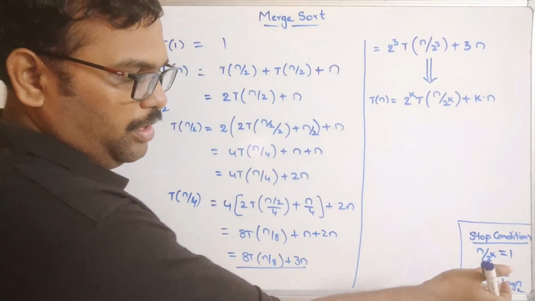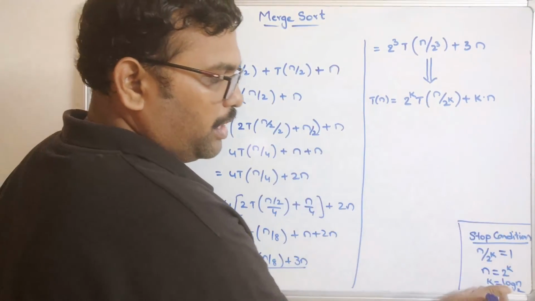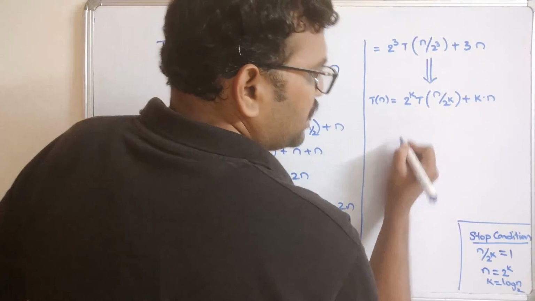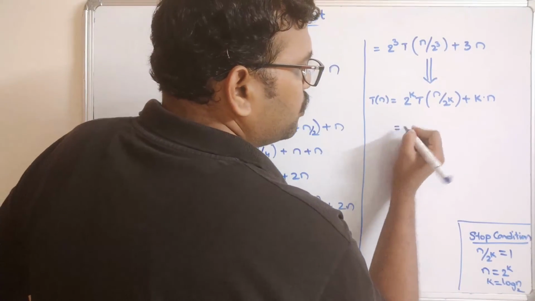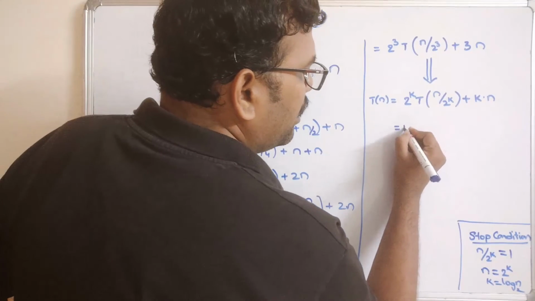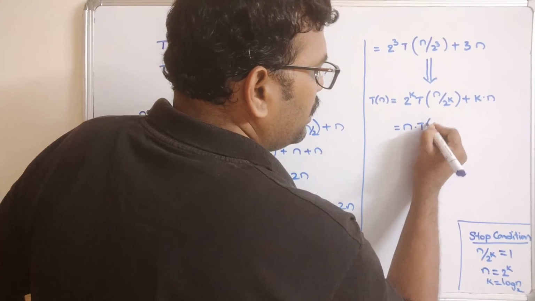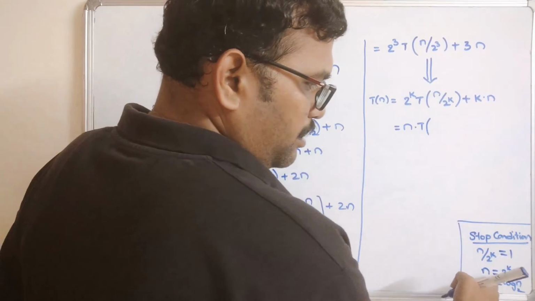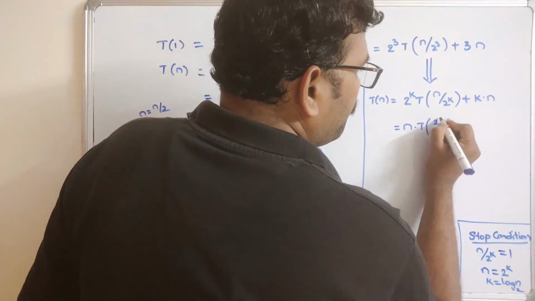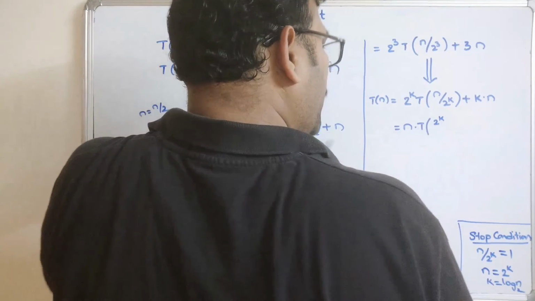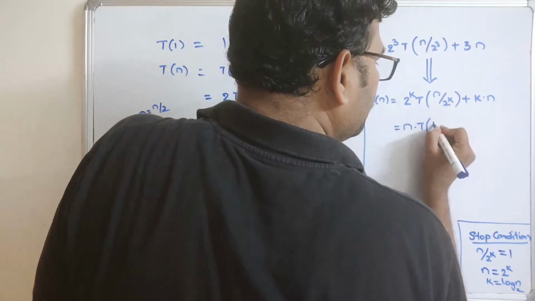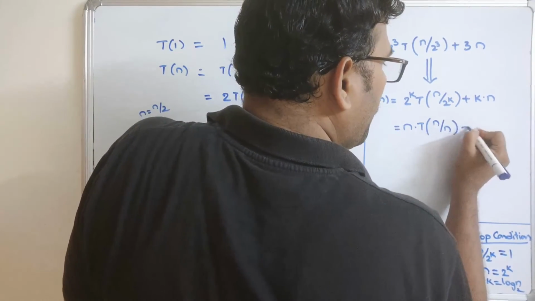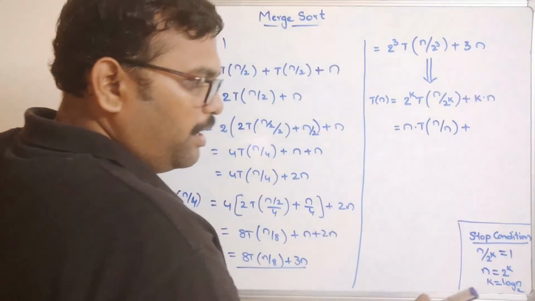Now you know the k value and the 2 power k value. So substitute the same thing here. So 2 power k is nothing but n, into T of n by 2 power k, or simply we can write n by n, plus, what is the value of k?